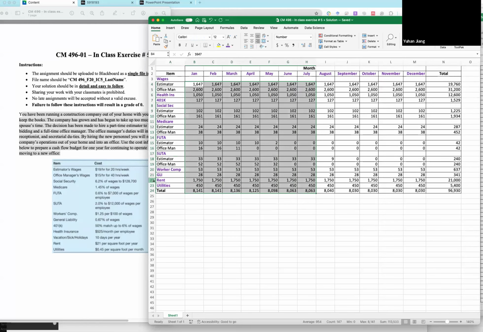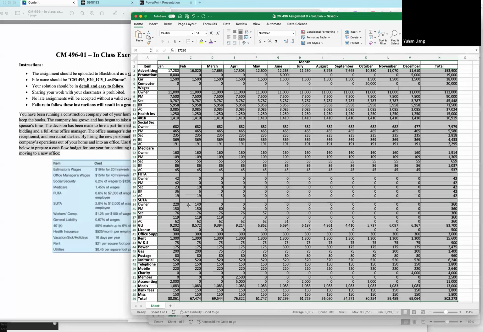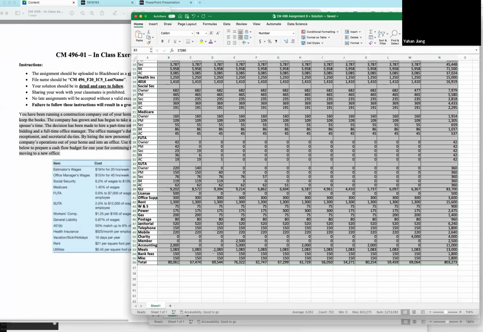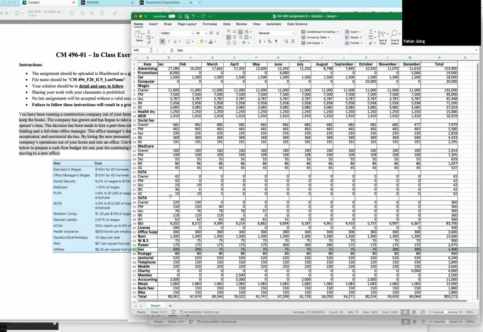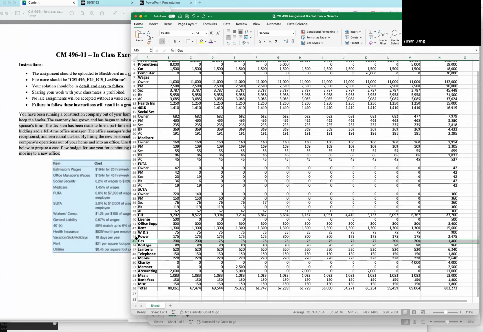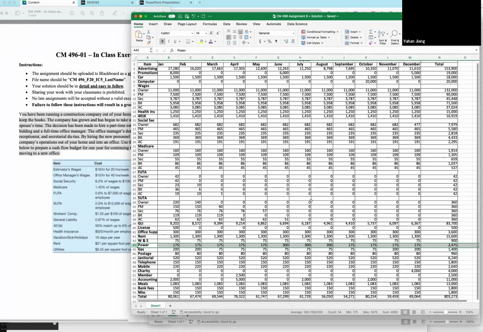But when you do the assignment, you will see these numbers may change, because of seasons coming in, such as accounting season, and charging differences. Telephone and mobile phone may be the same every month, but gas may be different, because during the winter you will have more gas, and during the summertime you will have more electricity. Those are the changes, but the other things are kind of the same.